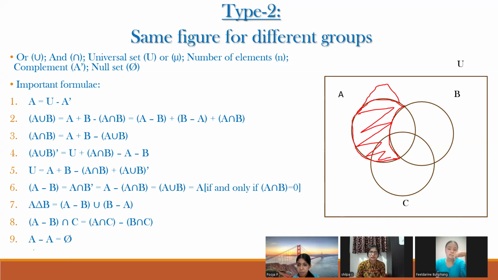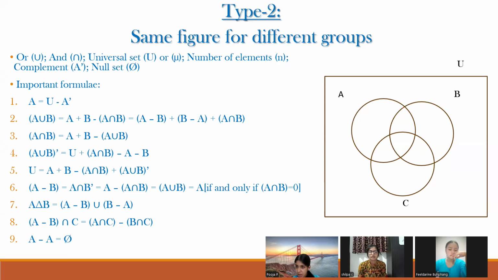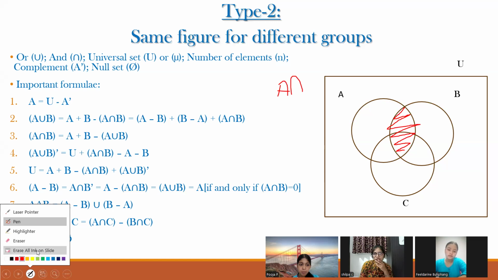Fine. Yes, ma'am. So this A difference B is given by A intersection B the whole complement. How? Let us see. What do you have as A intersection B? This one. Yes. A intersection B is this, but let's keep that aside and take only B complement for now.